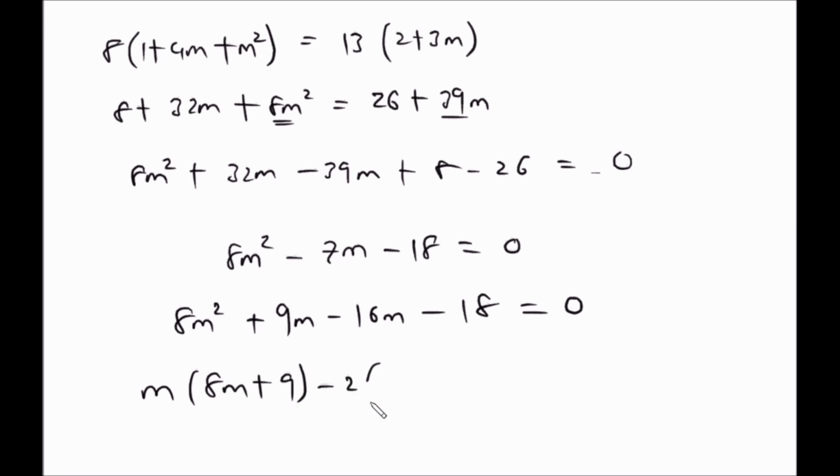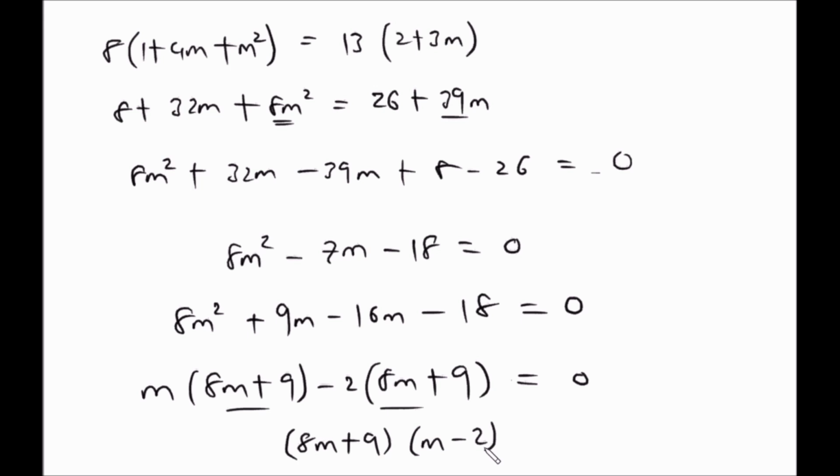Alafu hapa naweza nikatoa nje negative 2 na yenyewe itabaki na 8m plus 9 sawa na 0. So 8m plus 9 is common. Nikifactor out 8m plus 9, then tabaki na m minus 2 sawa na 0. Kwa hiyo nina 8m plus 9 times m minus 2 sawa na 0.